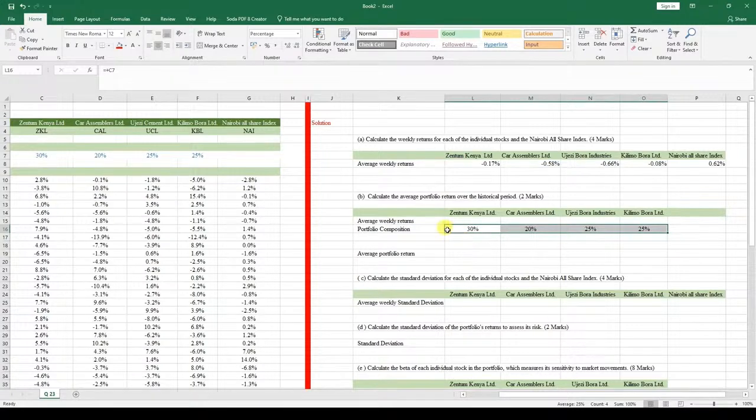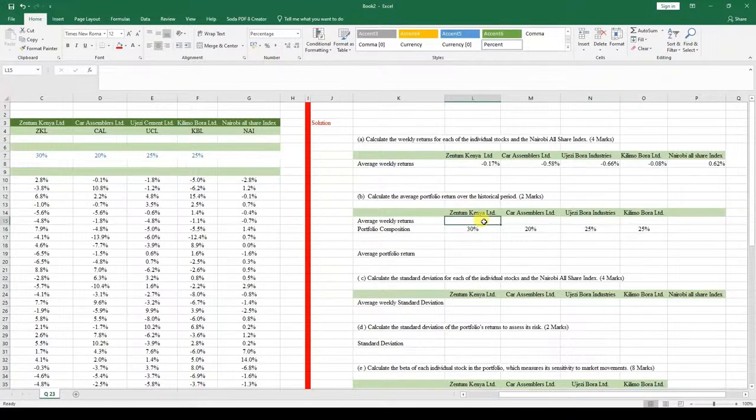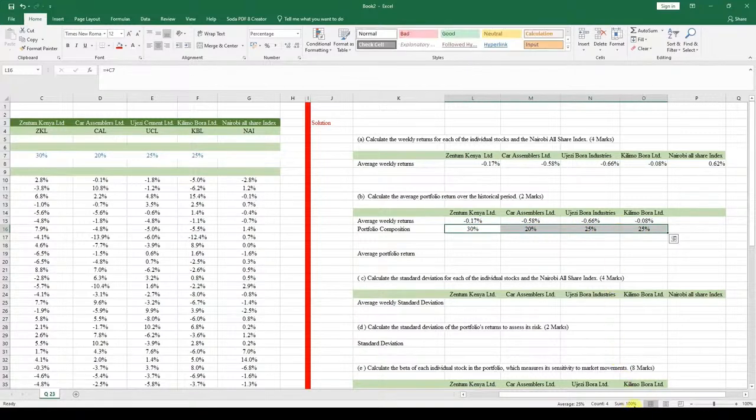Remember, we have computed the average weekly returns above here. So we just link it with up above there, and then we drag it, Control R, like that, the same values, excluding the All Share Index. Because all of these portfolio compositions total to 100%, as you can see down here, we cannot include the All Share Index in our portfolio.